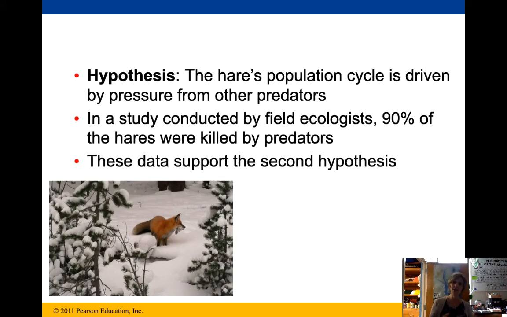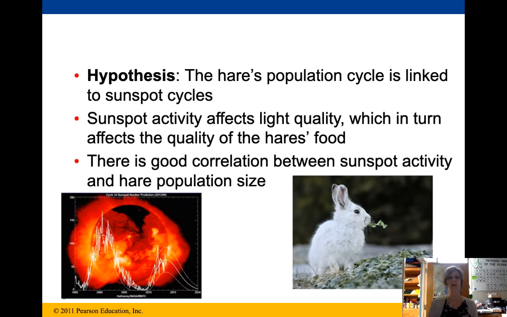Another hypothesis was that the hare's population cycle was driven by pressures from other predators. The lynx is not the only predator of a snowshoe hare, right? Here I have a fox that is also a predator. Scientists looked at that, and they concluded that 90% of hares were actually killed by predators. So that data supported that second hypothesis.